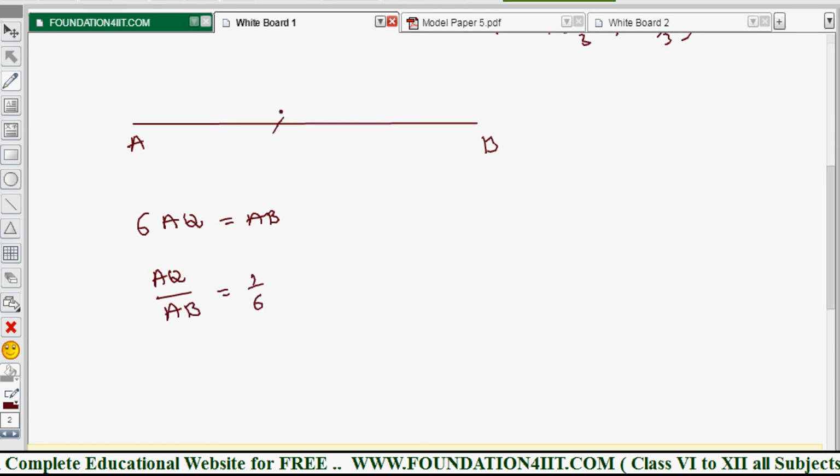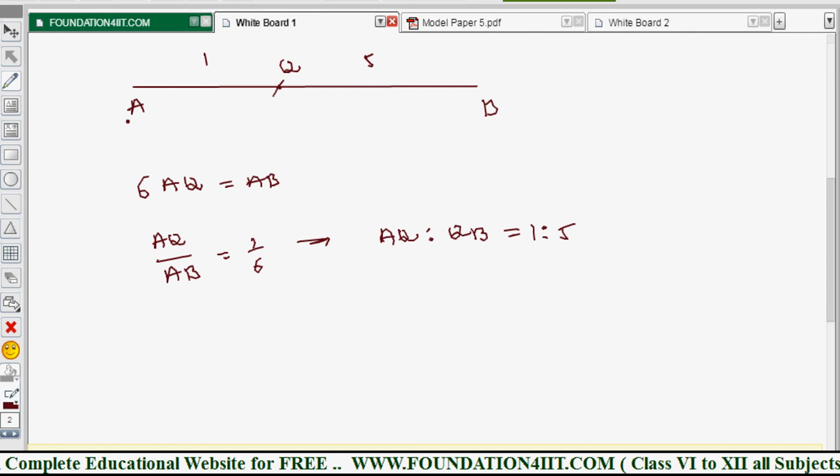So it will be somewhere the Q point. AQ is 1 time and total AB is 6. So this must be 5 and this should be 1. This is 1:5 ratio. So from this AQ is to QB is equal to 1:5.